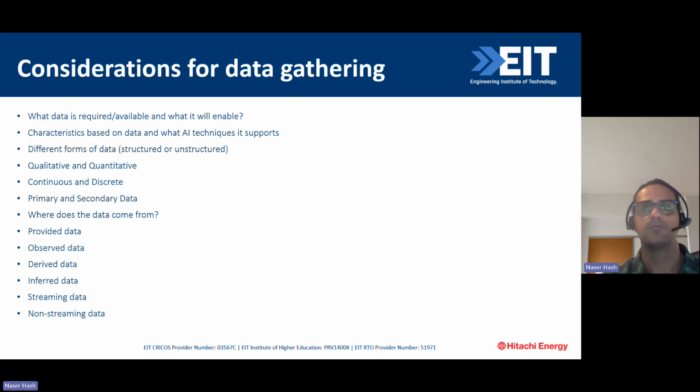So what type of data are we collecting? Is it real-time monitoring data coming from the sensors, the SCADA system, historian, or PI, or is it only observed data like inspection? Or sometimes we really need to derive data, meaning that an equipment requires mixing some data, a correlation between some of the data, and the outcome of that correlation gives an indication of a failure.